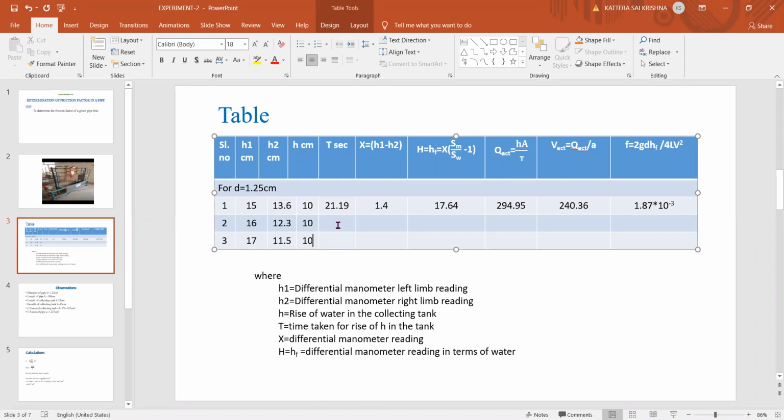Sorry, height of the water in the collecting tank. Next time taken is 14.94, 12.63. Right. So now calculate these remaining terms. Formulas are here. You can use them. So this is V, nothing but V actual.